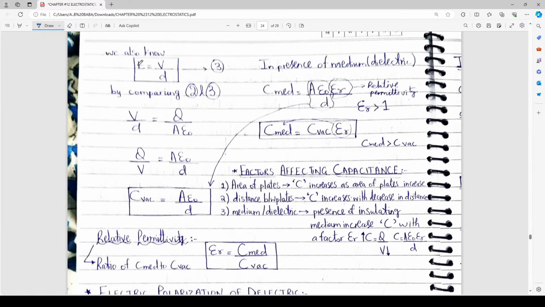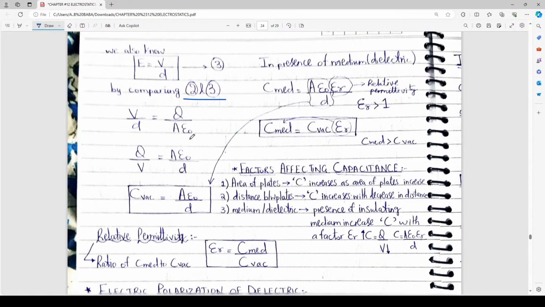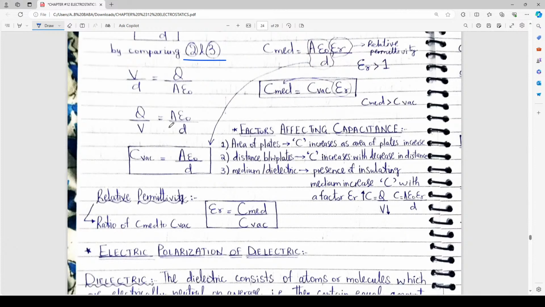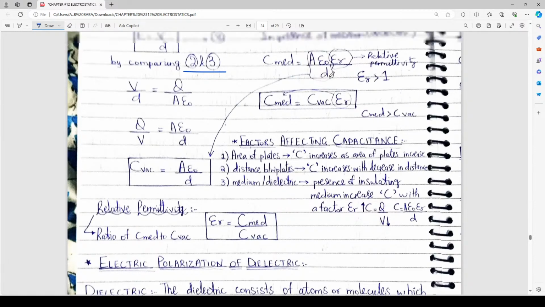As we also know that E is equal to V upon D, so we'll compare 2 and 3. V upon D is equal to Q upon A epsilon naught. Q upon V is equal to A epsilon naught upon D. So C vacuum becomes A epsilon naught upon D.